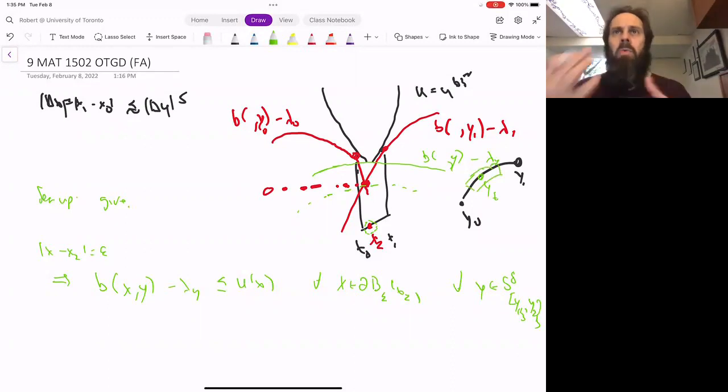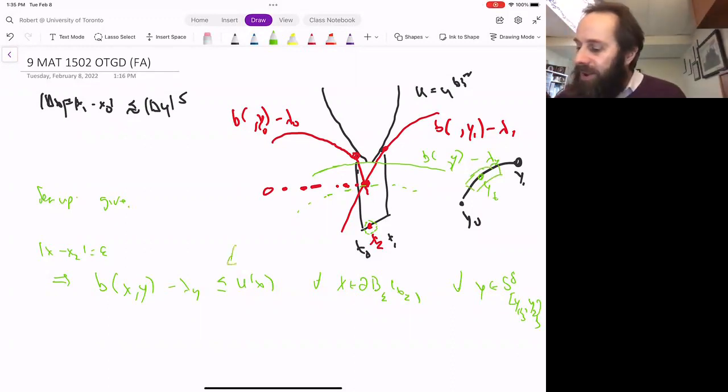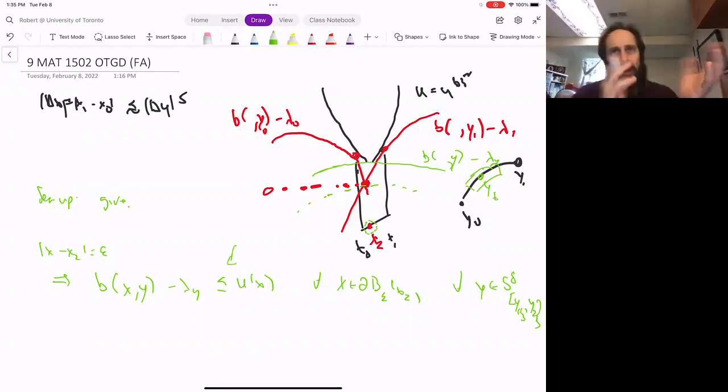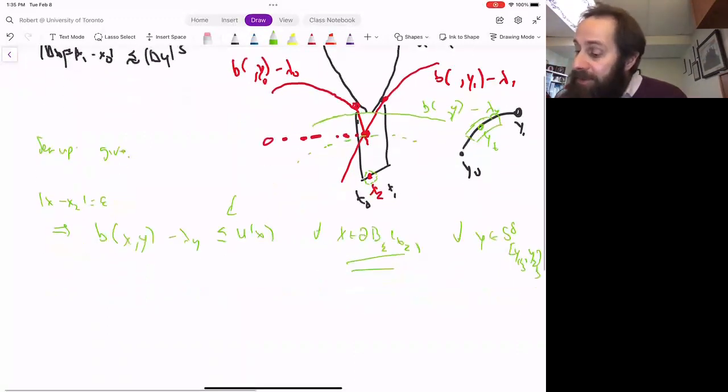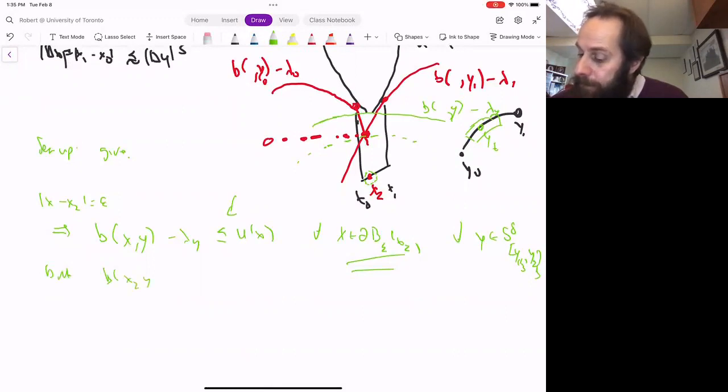So the technical bits that I struggled with were to get this inequality here, controlling all the errors to make sure that we have this inequality on the boundary of this ball. But on the other hand, at x2 we have equality, because we bumped it up exactly to have equality over this point.